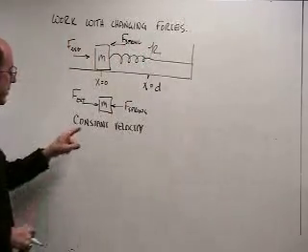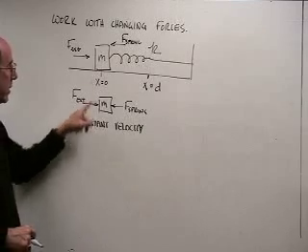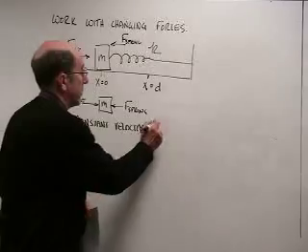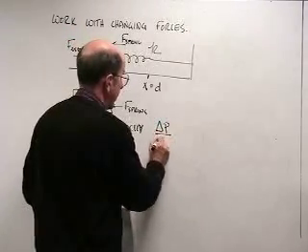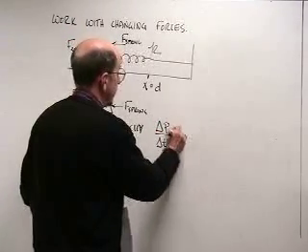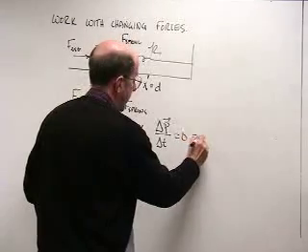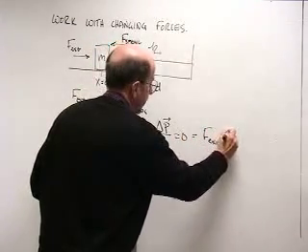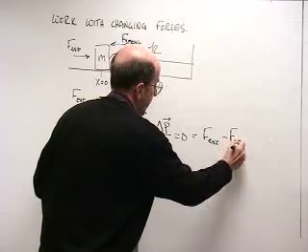Okay. Since I'm moving it at a constant velocity, that means the change in momentum of this mass is 0. So delta P over delta T is equal to 0. That implies that the external force minus the force of the spring is equal to 0.